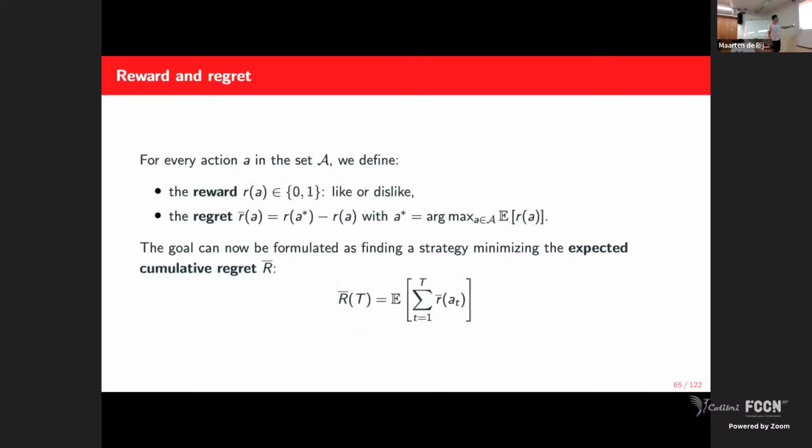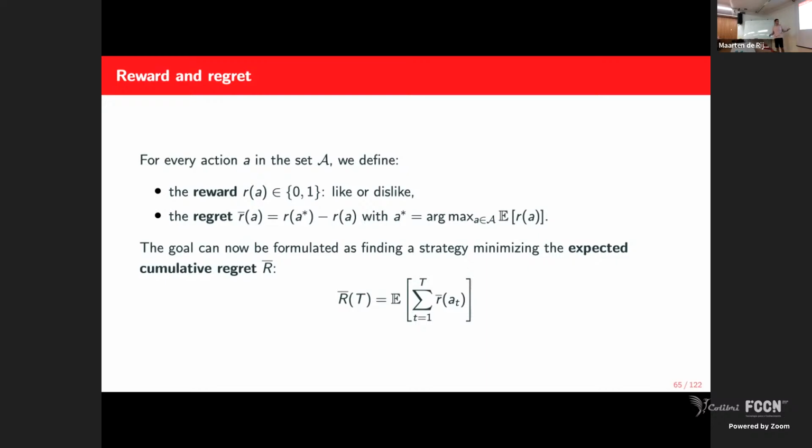Okay, some definitions. We have already talked about some of them. These categories of movies will be actions inside an action set. The reward here is the user feedback, which is binary. It's either you like or you dislike, so 0 or 1. And we can define the regret. The regret is the difference between the reward you would have gotten with the optimal action and the reward you have gotten with the one you have taken.